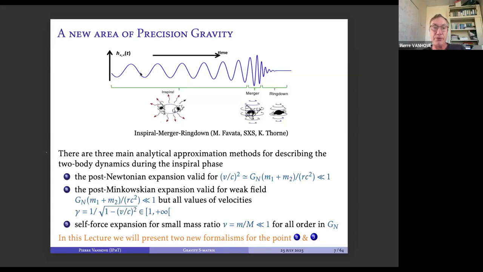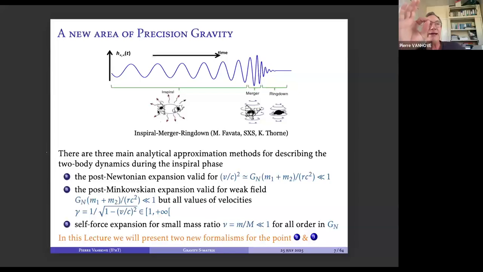But the main point, which is a non-trivial fact, because this is not something that you have to believe, is that when you are in the perturbative regime, which is this post-Minkowskian expansion, to some order in perturbation, you can just forget about the internal structure.